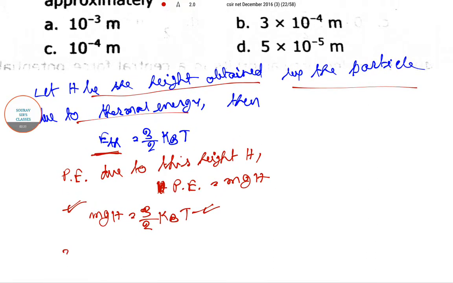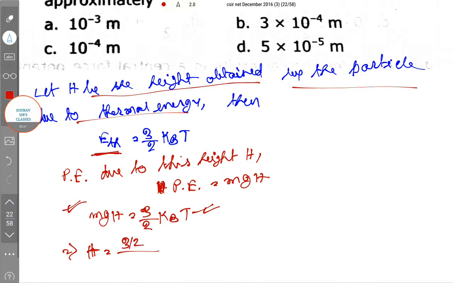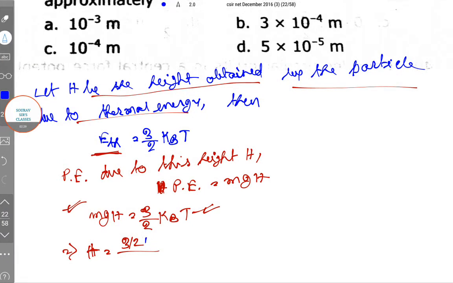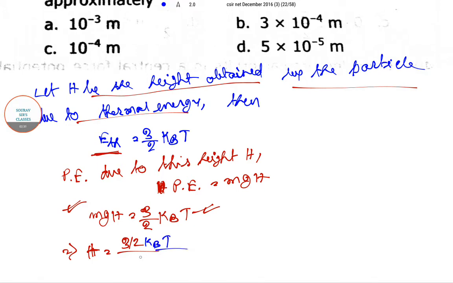So h is equal to 3/2 kBT divided by mg. This m means 4/3 pi r cube rho.